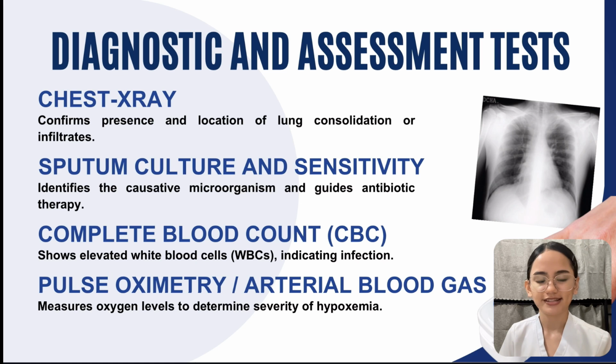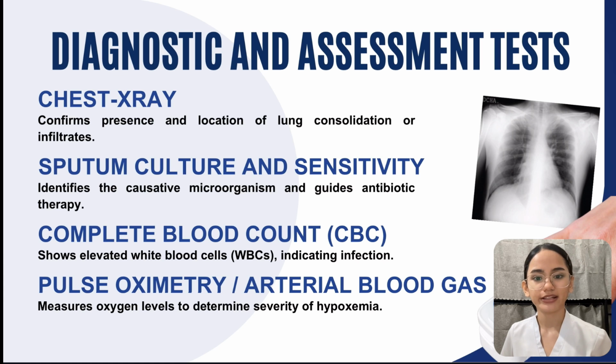Sputum culture and sensitivity identifies the microorganism and tests which antibiotics it's sensitive or resistant to. This varies per patient, so the results help choose the most effective drug. Your complete blood count shows elevated white blood cells. What again is the normal range of white blood cells? Okay, so it's 4,500 to 11,000 cells per microliter of blood.